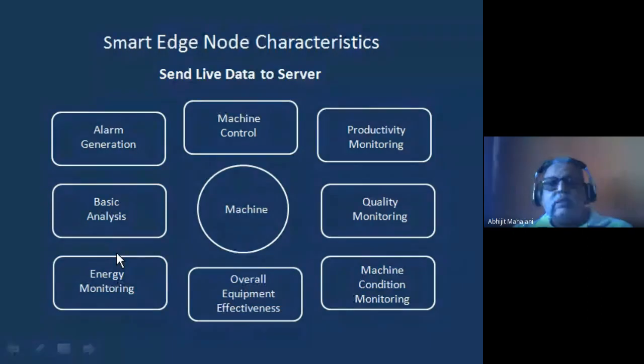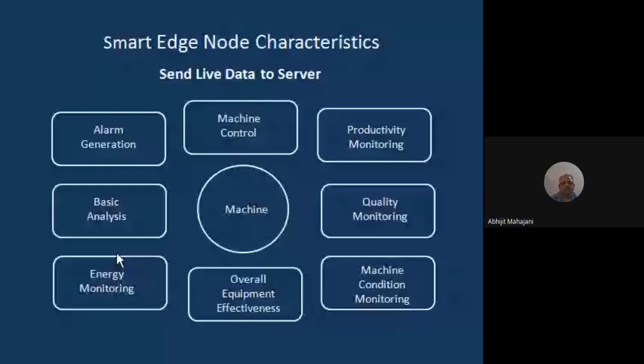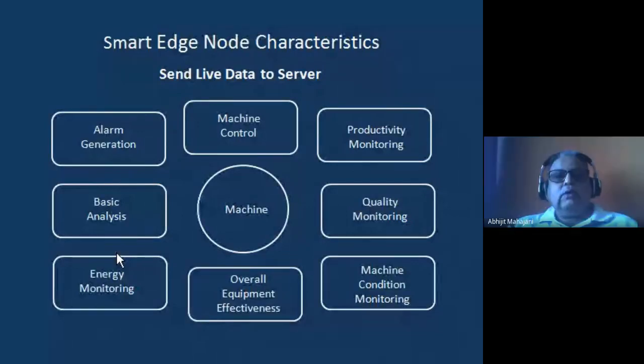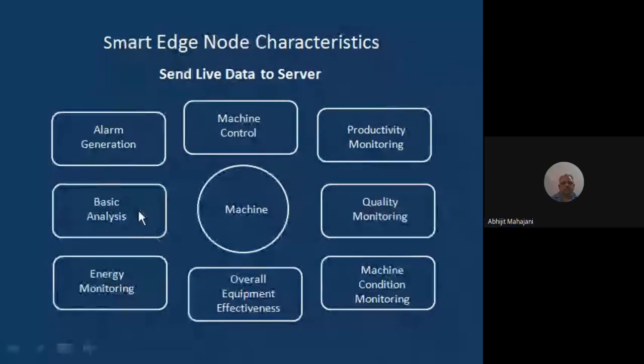Because if you start collecting the data and dumping it on the server, you need a huge server space. That's one thing. Second thing is, you don't know which data is there, or when. I mean, what are you going to do with that data? Unless there is a problem, you won't be searching that data. And then there is the cost of transmission, all that is involved.